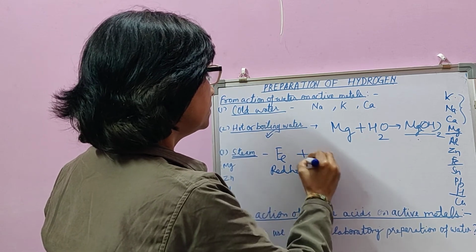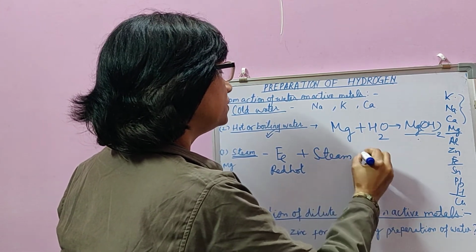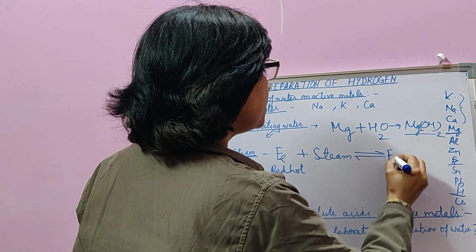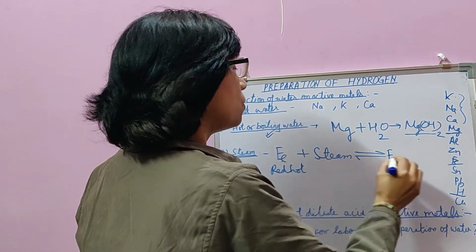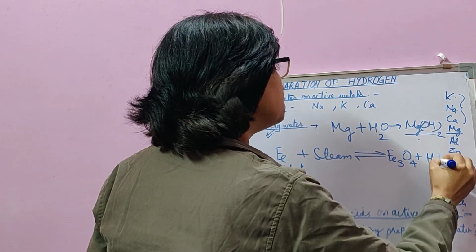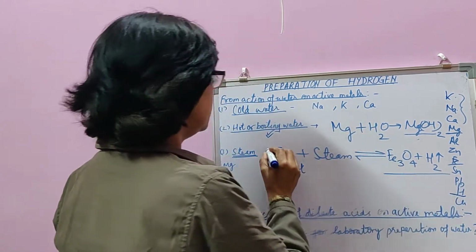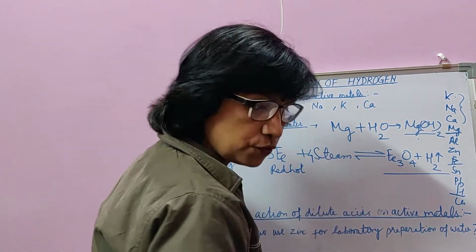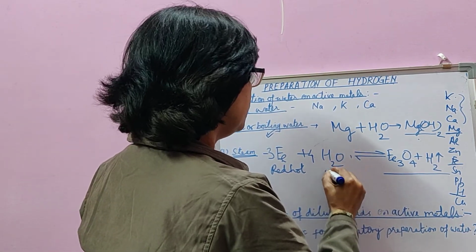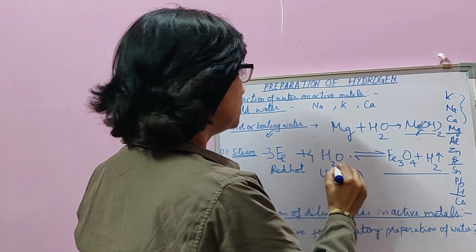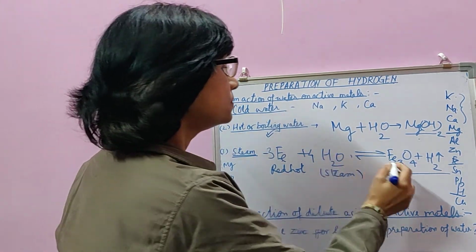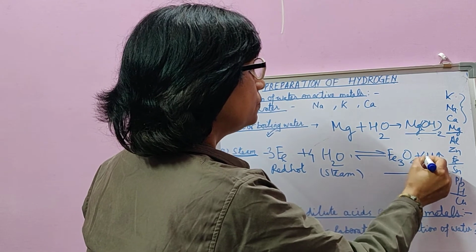Red hot iron plus water in the form of steam. Despite the reaction being reversible, a special combined oxide of iron called triferric tetraoxide is produced along with displacement of hydrogen. 3Fe plus 4H2O, steam is H2O only, the form with extra energy of boiling water and steam, gives Fe3O4 plus 4H2.